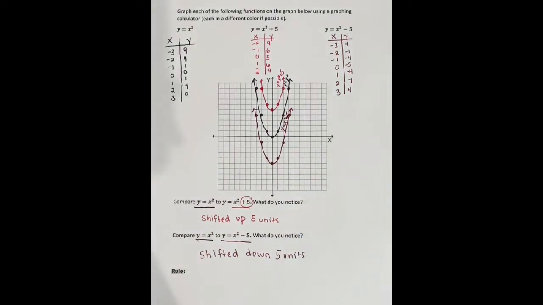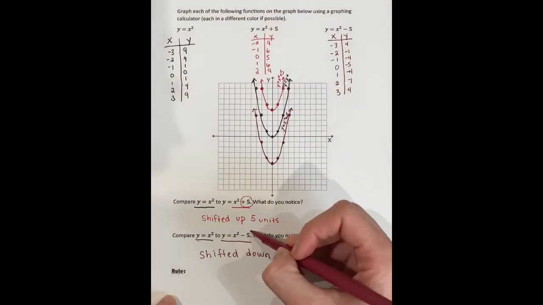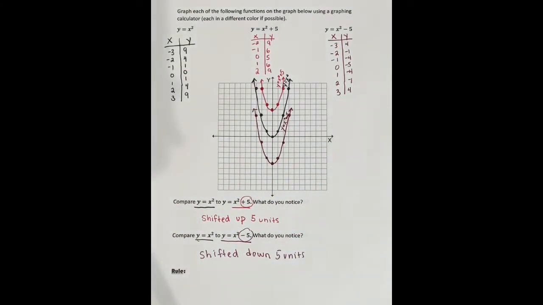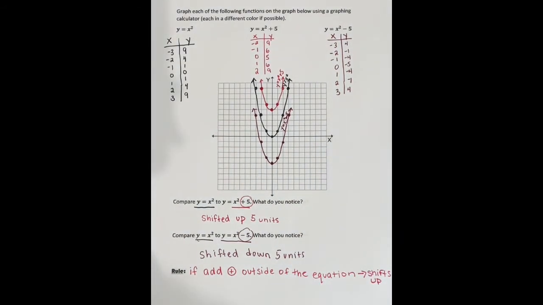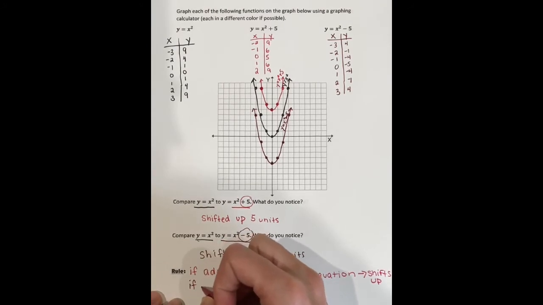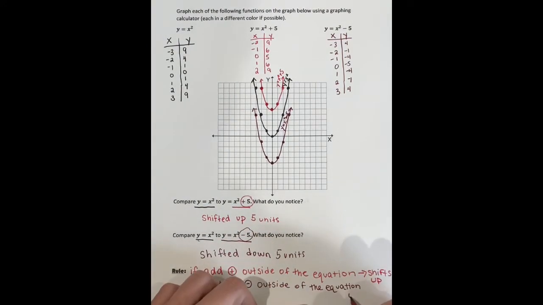So that's going to be the rule. It shifted down 5 units because there was a minus 5. So our rule here is if we add outside of the equation, there's going to be a shift up. And if we subtract outside the equation, there's going to be a shift down.